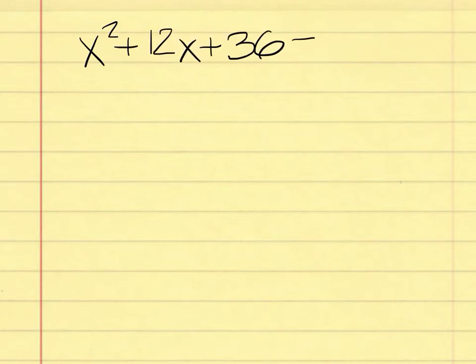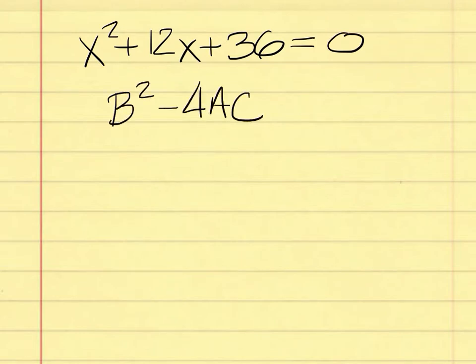Alright, for this problem it is x squared plus 12x plus 36 equals 0. We want to use b squared minus 4ac to figure out how many solutions this problem has. What is b? 12. What is a?